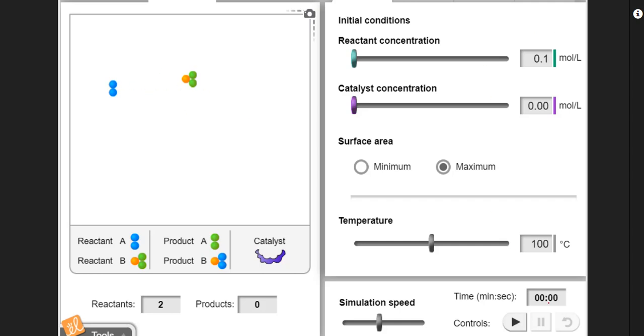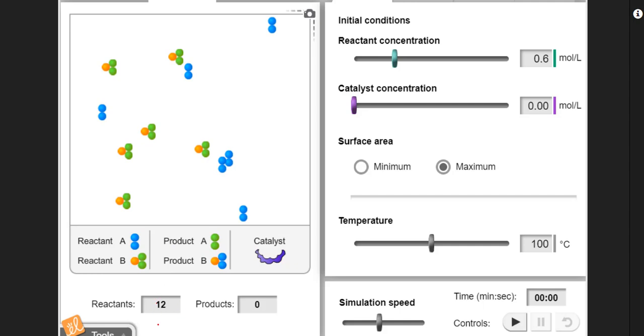So here I have two reactants, and again they have to hit each other at the right angle with enough energy for a reaction to occur. Obviously, this initial reaction rate is going to take a while. So now I'm going to go ahead and increase the reactant concentration.